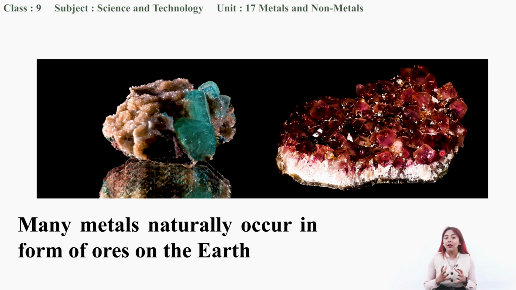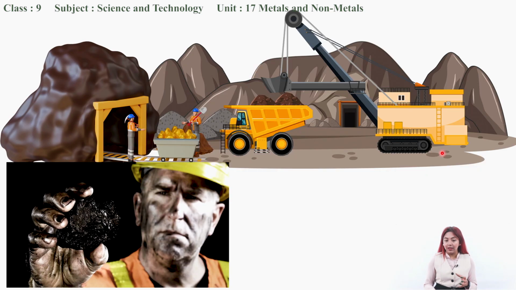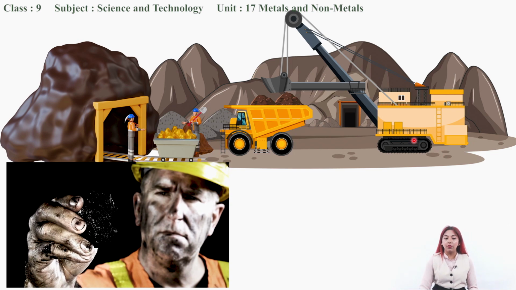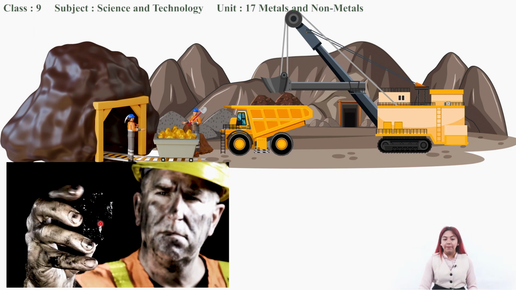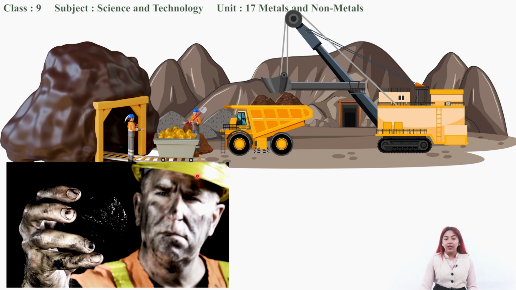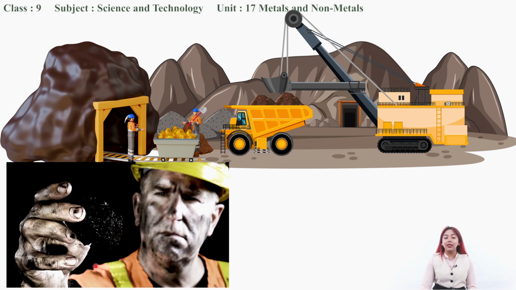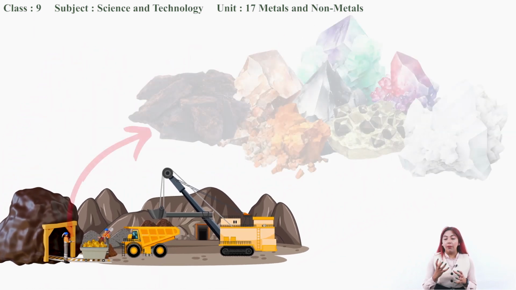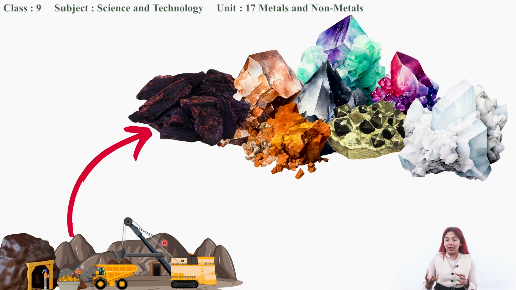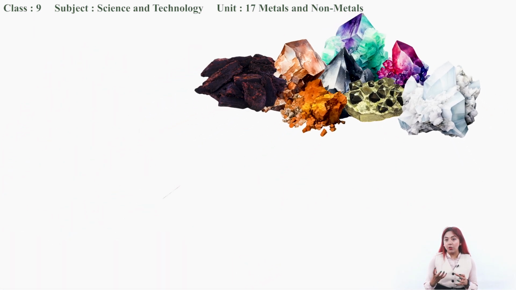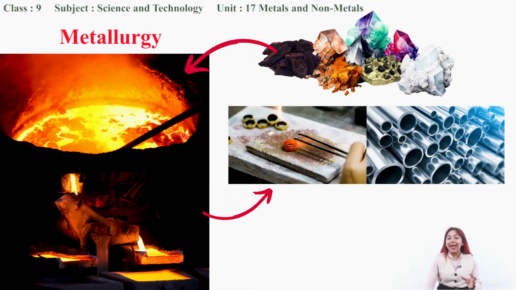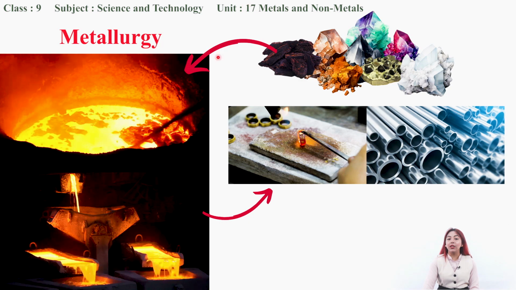Now how can we extract these ores? The miners usually mine this ore out from the earth's surface. And you can see here in the figure, this miner has recently mined out a certain ore. So for the ore that is mined out, by the process of metallurgy, we can extract the metal from its ore.